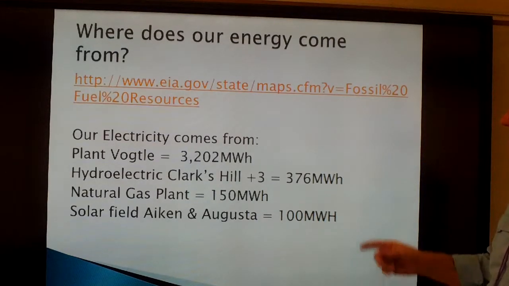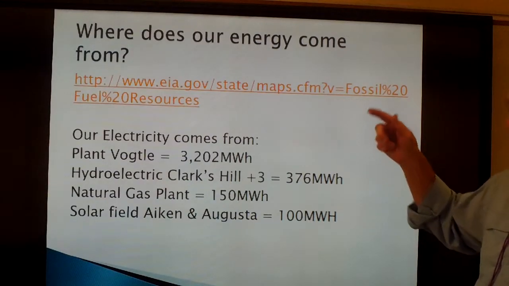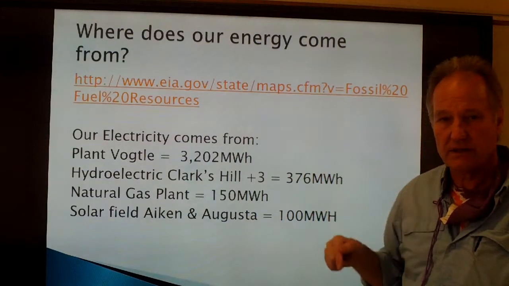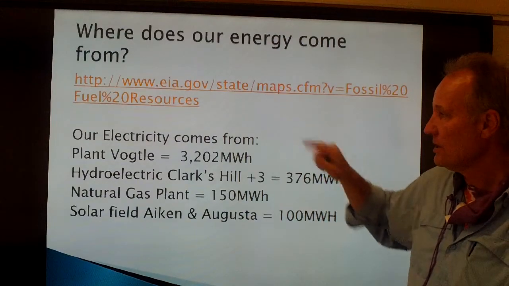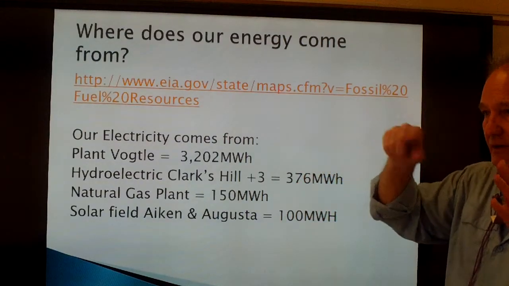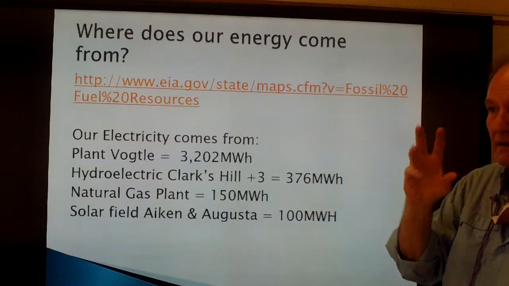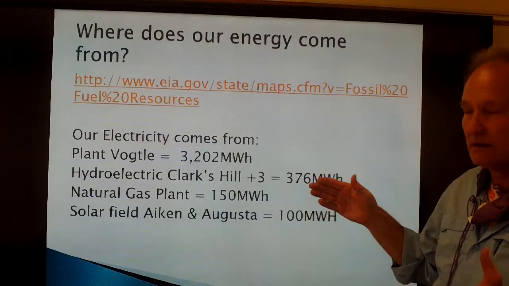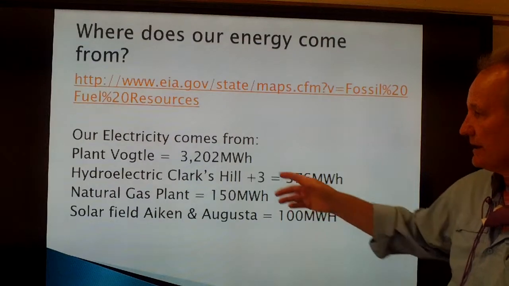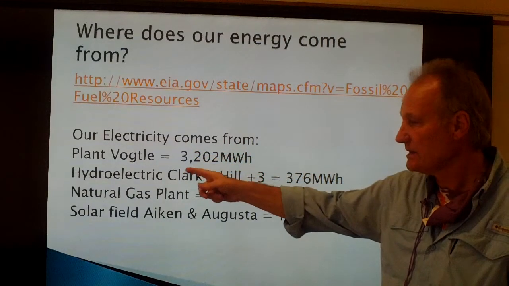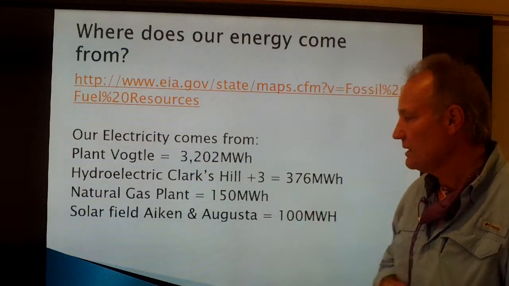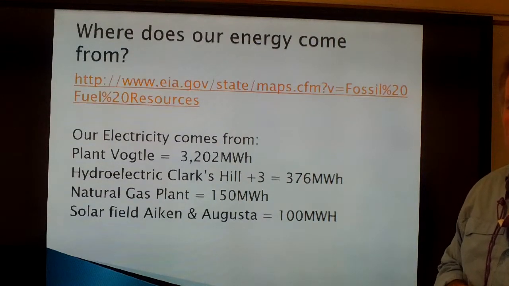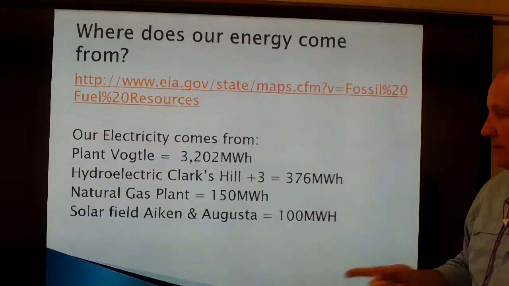Okay, so where does our energy right here in the CSRA come from? If you go to this website, there'll be a map there, and it'll have little icons on the map that will show you most of the electricity producing sources for our area in the Augusta-Aiken area. Plant Vogtle produces about 3,202 megawatt hours.